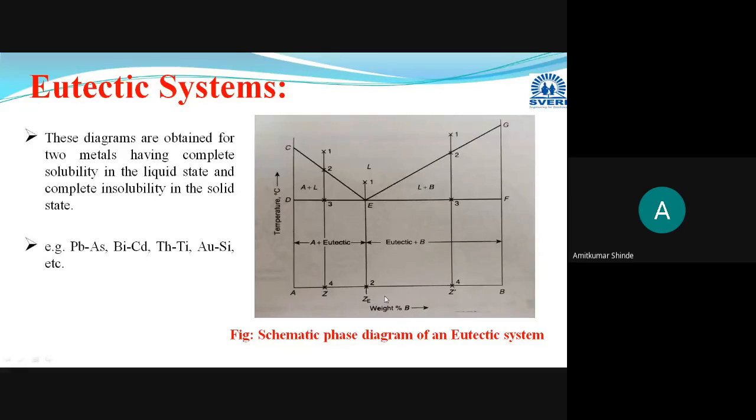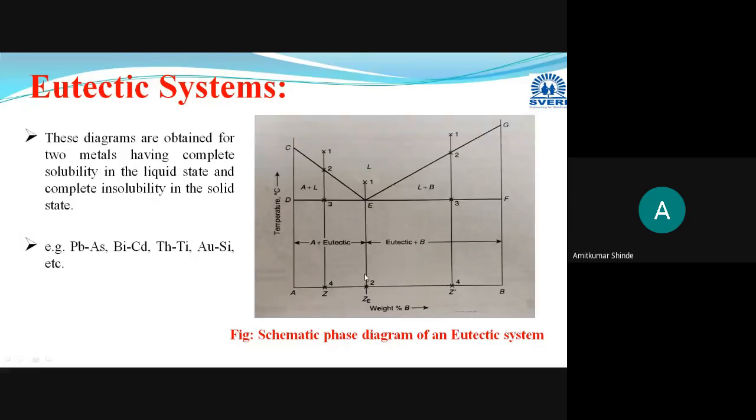This ZE indicates the eutectic composition, this point E indicates the eutectic temperature, and the corresponding alloy will be termed the eutectic alloy. Now, due to this eutectic alloy or eutectic temperature point, this diagram is divided into two parts.